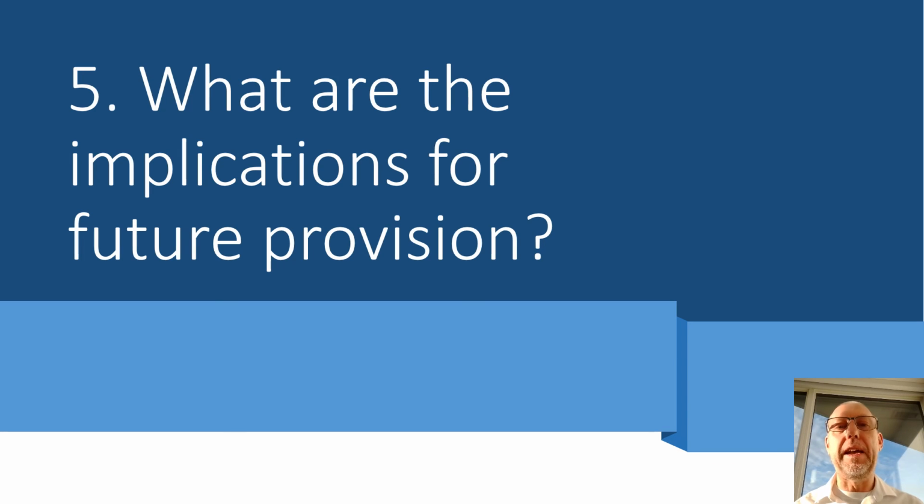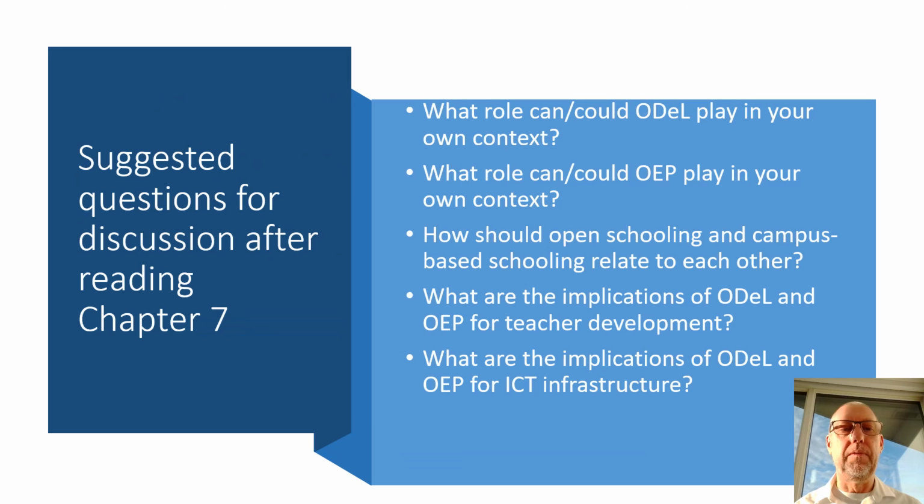So what are the implications for future provision? When you have read Chapter 7, we think the following questions might be useful to discuss. What role can or could open distance and e-learning play in your own context? What role can or could open educational practices play in your own context?